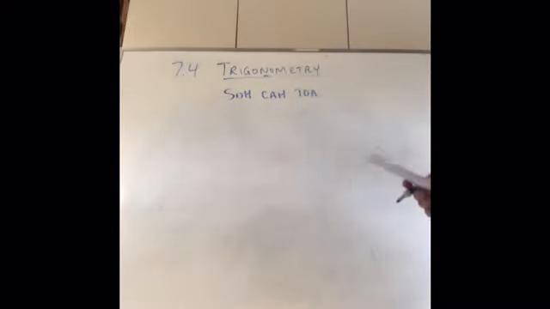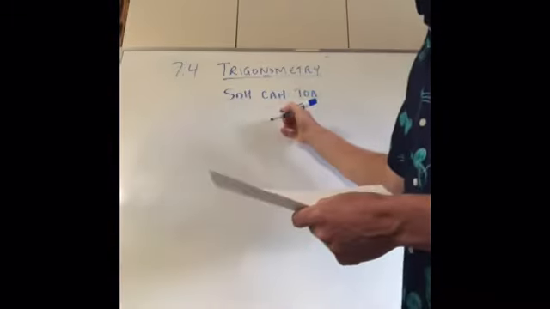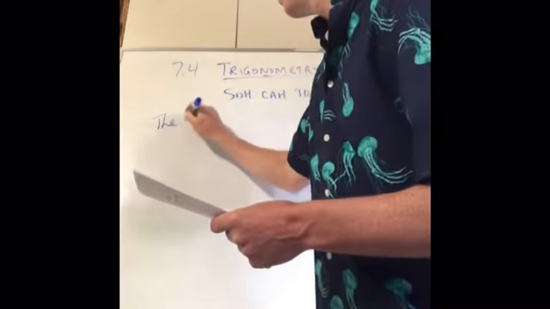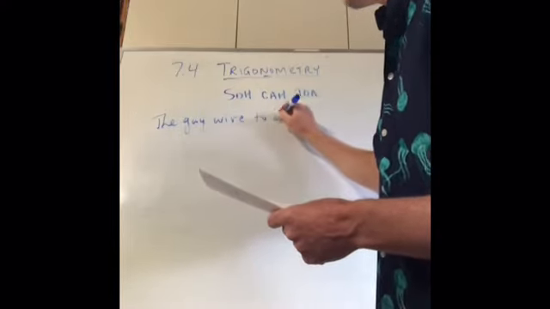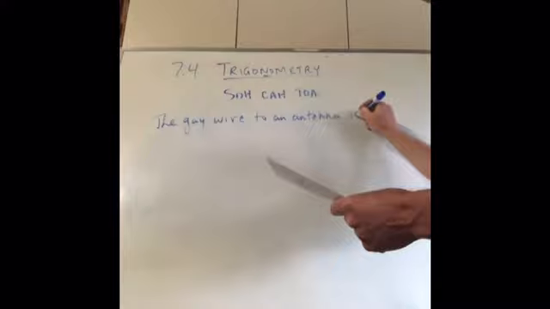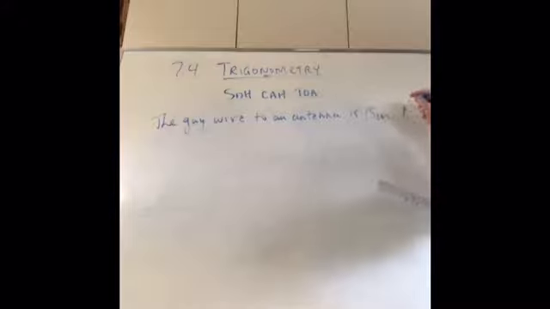All right. So in this case, we have an antenna, and it's being supported by a guy wire. So the guy wire to an antenna is 15 meters long.